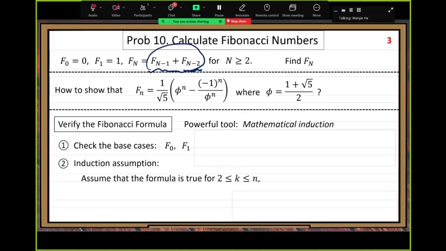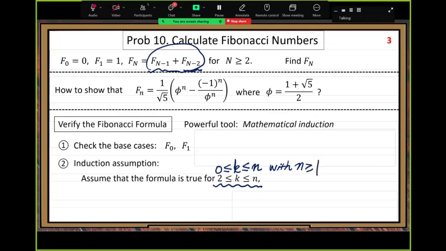Although we write an assumption here, you cannot just assume anything, so we should handle this assumption carefully. It is better to write 0 less than or equal to k less than or equal to n, with n greater or equal to 1.